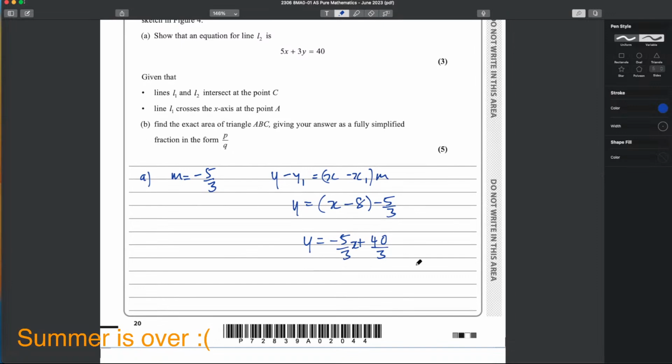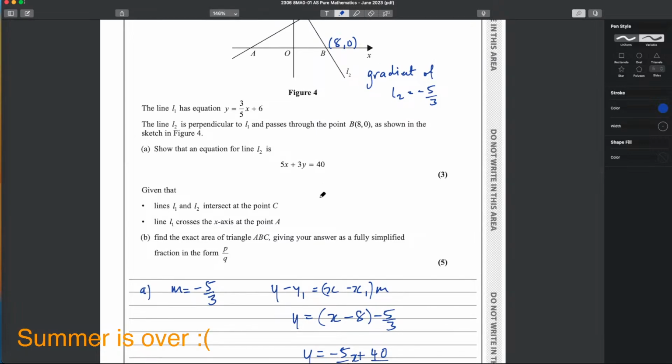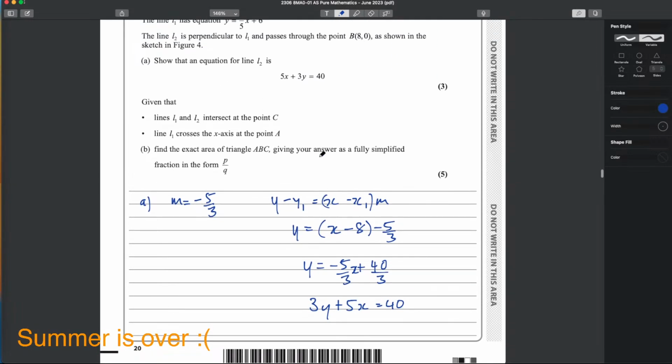Okay, I'm getting 40 on 3. And if you multiply through by 3, you can write it as such. Ah, right, you thought it was 0.8. I see. Okay, and it was a show that question, so we know we are fine.